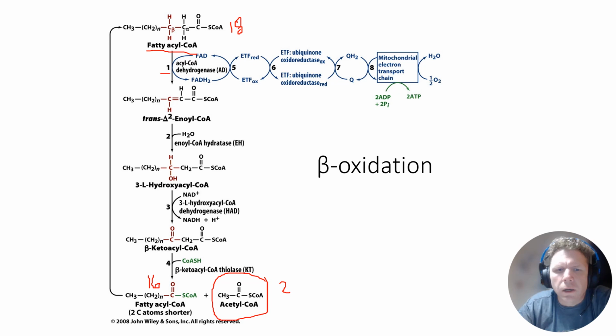We're going to put a hydroxide on where that double bond was. So now we have 3L-hydroxyacyl-CoA. Our enzyme 3L-hydroxyacyl-CoA dehydrogenase is going to take that and take our hydroxyl group and make it a double bonded oxygen, so a carbonyl carbon.